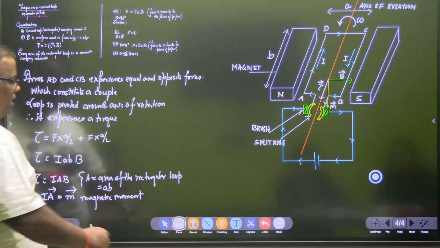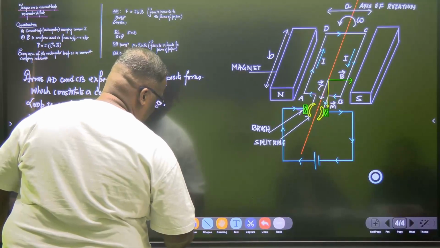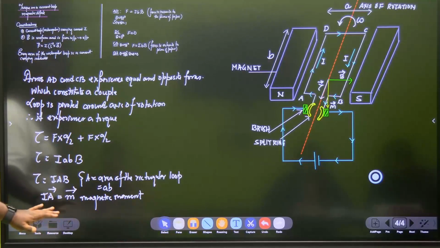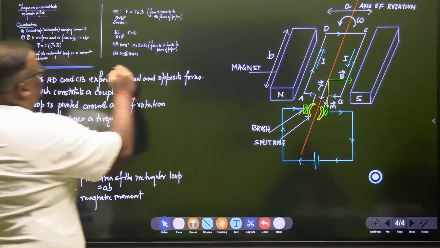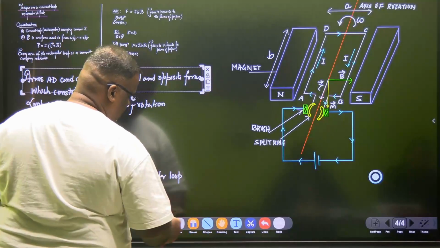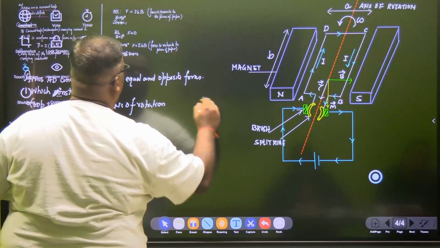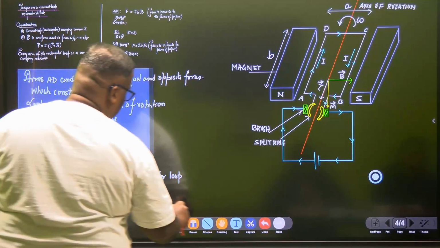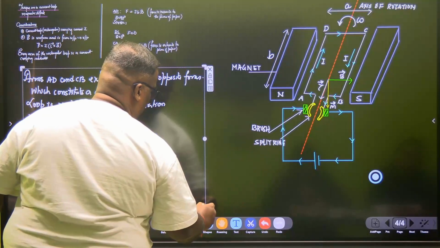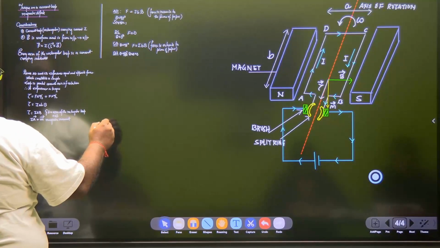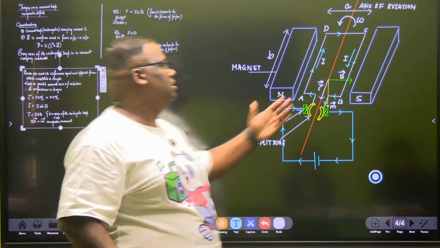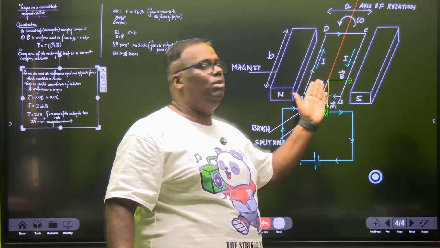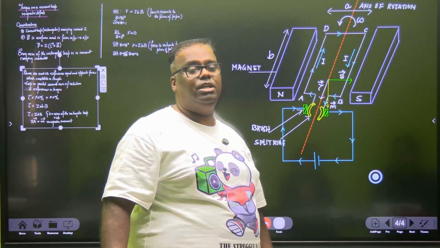Now this is the specific case derivation, children. Have you understood this derivation? It comes IAB. Why is this a specific case? Because in this derivation we have assumed that the plane of the coil is in such a manner that the area vector is perpendicular to the magnetic field.